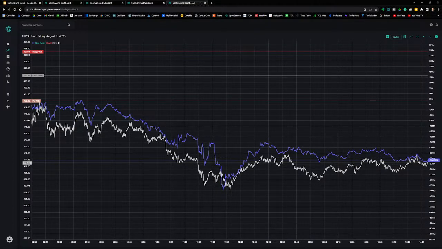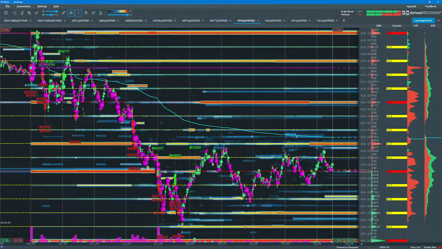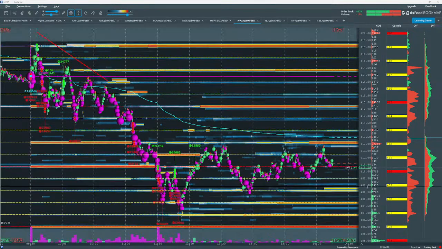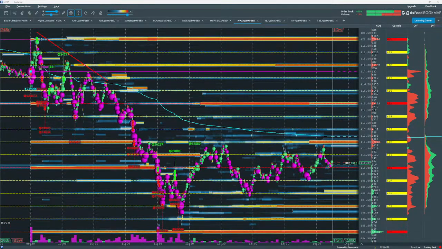Let's go back to Bookmap, go to NVIDIA. And again, a series of lower highs, multiple short entries as price moved down. First of all, it went through the first target, which was at 410. Note the high liquidity typically at the zeros and fives.